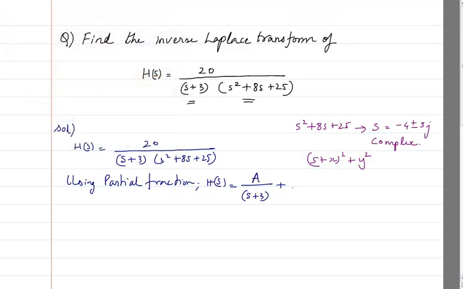Why only a? Because it is a simple pole. And here, because it's a quadratic form, I will have to write bs plus c over s square plus 8s plus 25.